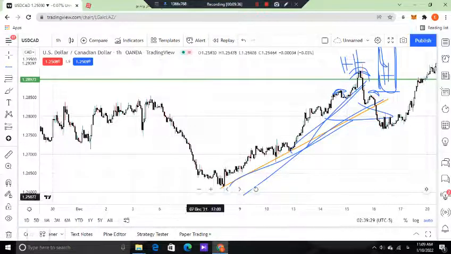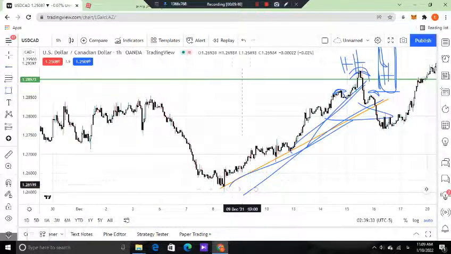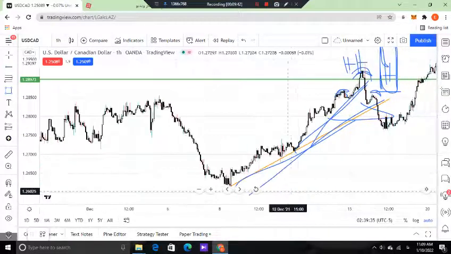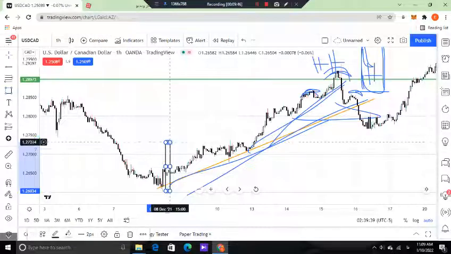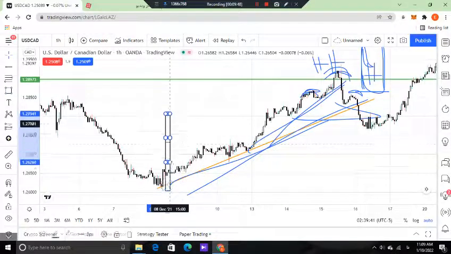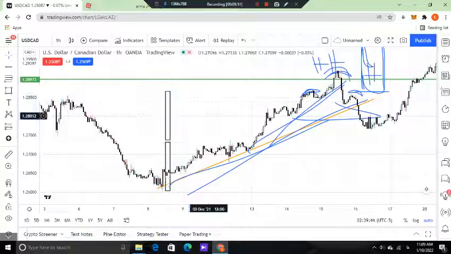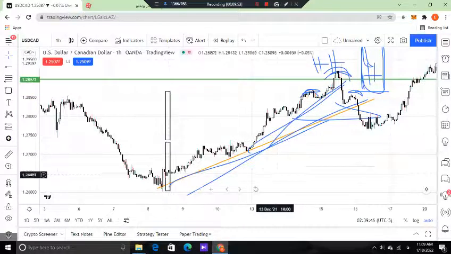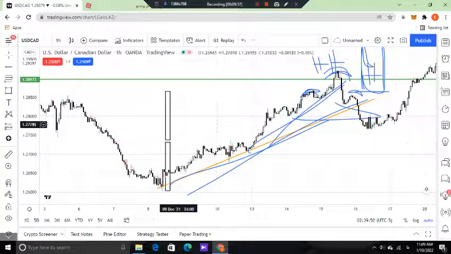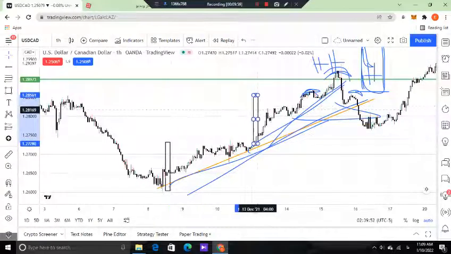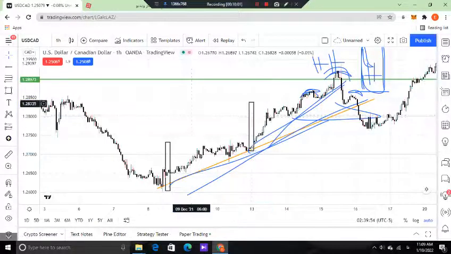I talked about that before, but to remind you, you have a first leg, and if it's strong enough, after this pullback you expect to see the second leg.